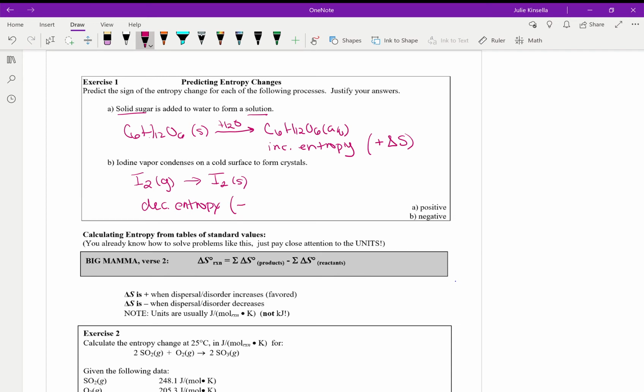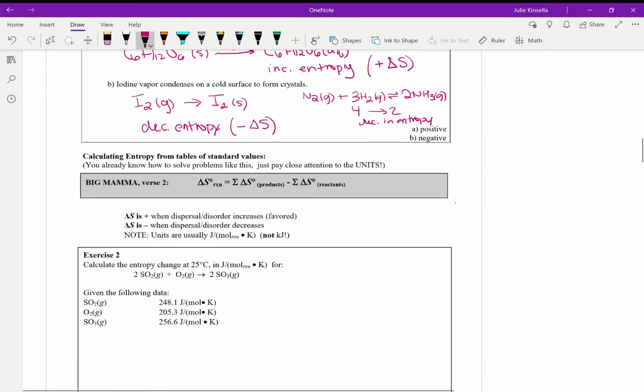This would be represented by a negative delta S. Another one you could see is where all the phases are the same, like the Haber process. Say we just look at the forward reaction: we're going from 4 to 2 in the forward reaction. So this would be a decrease in entropy. And I only looked at the number of particles because the phases were all the same.